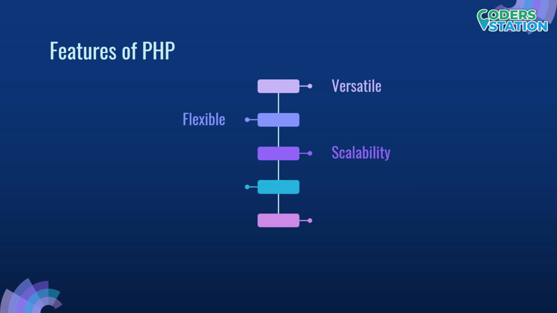Scalability is another key advantage of PHP. Whether you are building a small website or a large-scale application, PHP can handle it all. Easy to use. Additionally, PHP is easy to use and learn, making it an ideal choice for beginners and experienced developers. Open source. As we all know, PHP is an open source language which is available for everyone to use and implement.